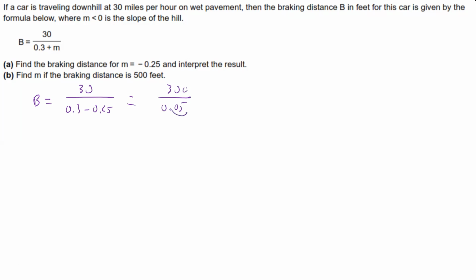Move the decimal two places. So B is equal to 600 feet. So 600 feet braking distance with the slope equal to negative 0.25.